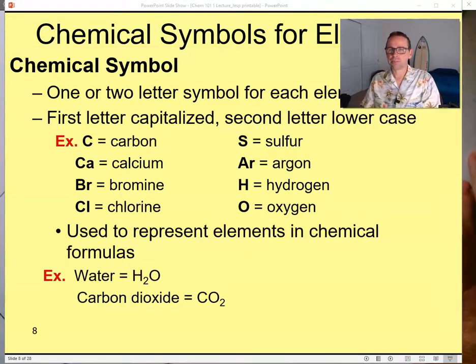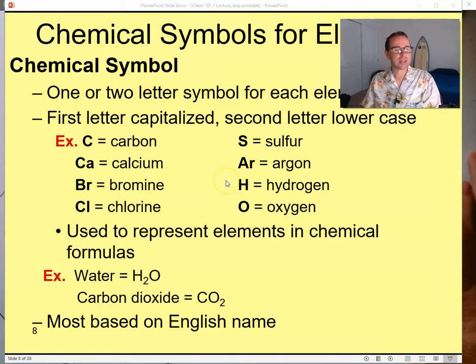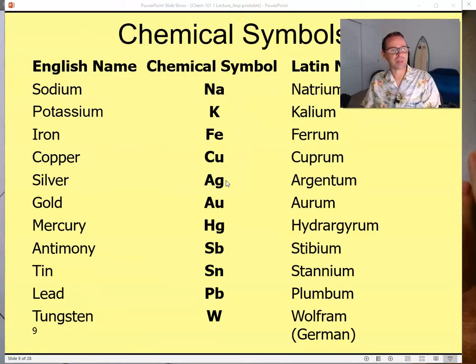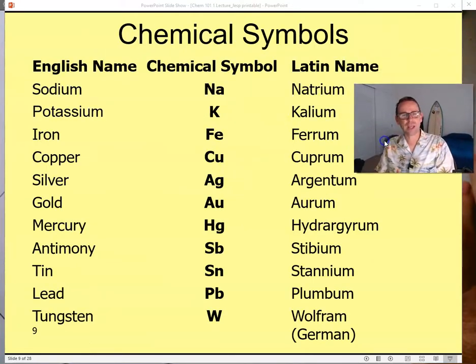Okay. Good. So let's look at some of these other elements that don't have symbols that are related to their English names. You can see that these are kind of the elements that were discovered early on, right? People knew about gold, silver, copper, iron really early on.